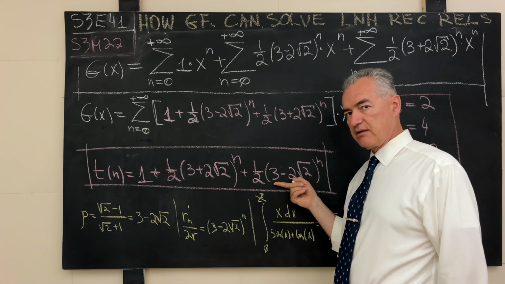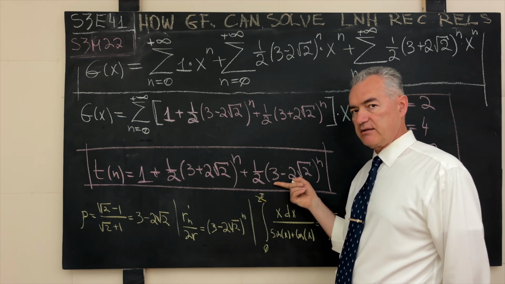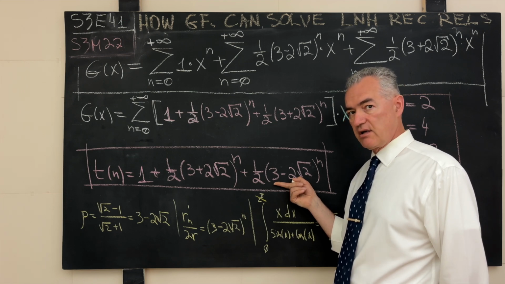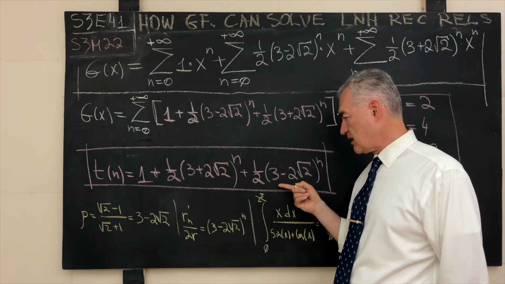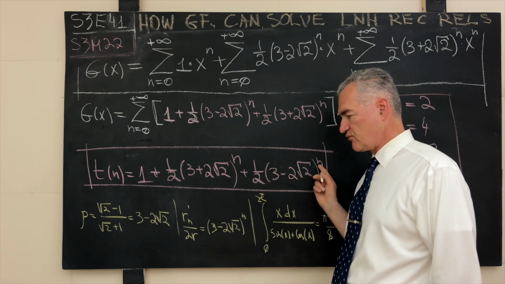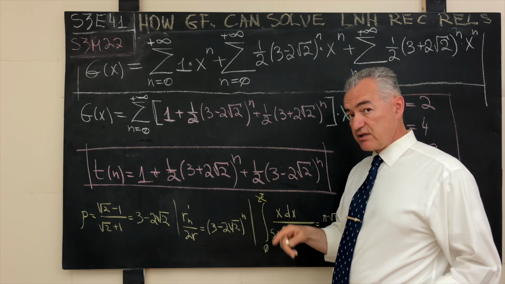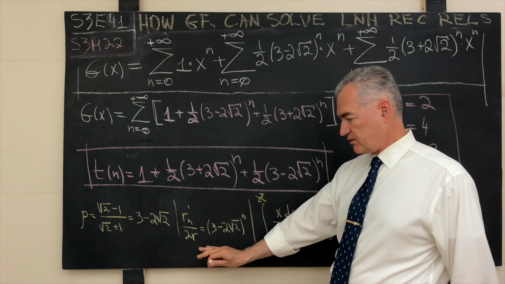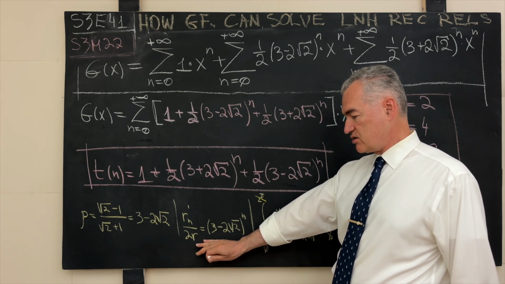For algebraic thinkers, this is just an algebraic expression that doesn't really mean much beyond the meaning of the symbols in it: 3 minus 2 times square root of 2 raised to the power of n. But in the corresponding geometry of the situation, remember, I spent a little bit of time at the beginning of this episode telling you about the geometry of this particular recurrence relation.